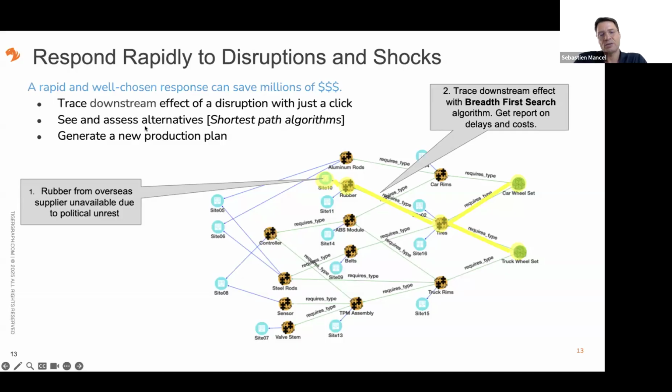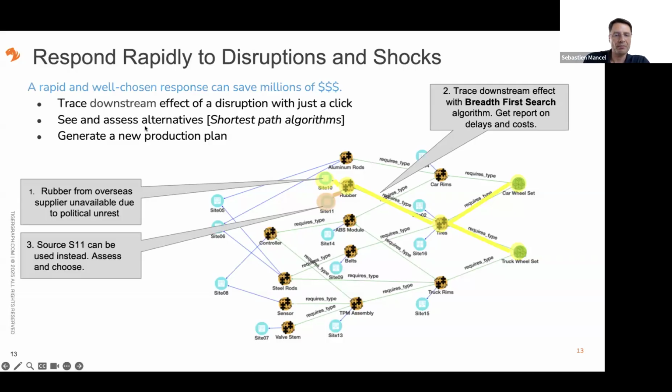And this provides an instant report on delays, cost, and affected orders. But we're not just reporting, we're also simulating recovery. So the system identifies alternative sources, in this case, supplier S11, and we can assess how quickly this alternative can fill the gap and automatically generate a revised production plan.